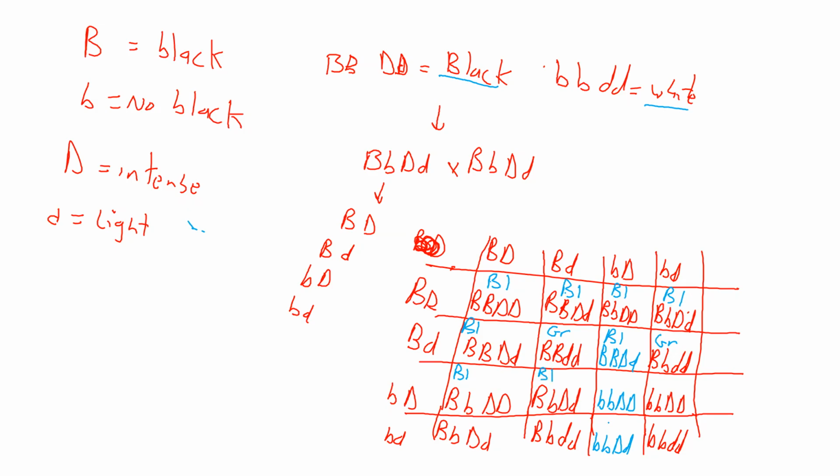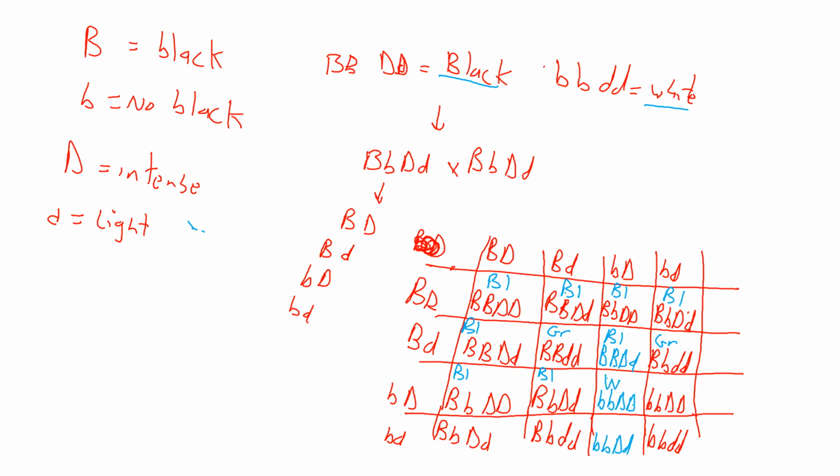Now, here's where things start to get interesting. Because we have two small b's here and two capital D's. So the capital D's say make the color intense, right? But the two small b's say don't make any color at all. You can't make an intense no color, which of course means you default to white.